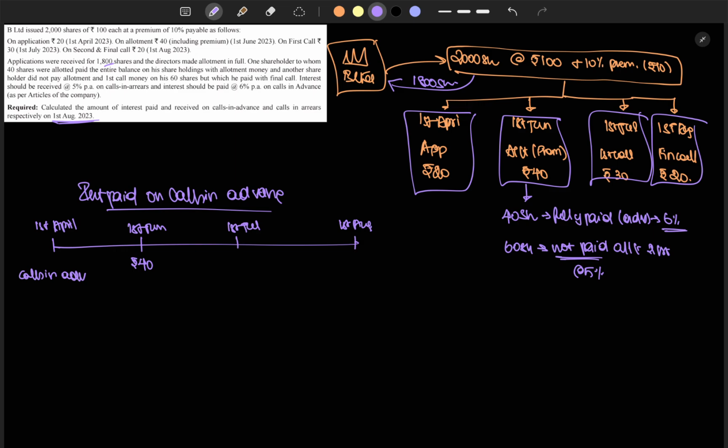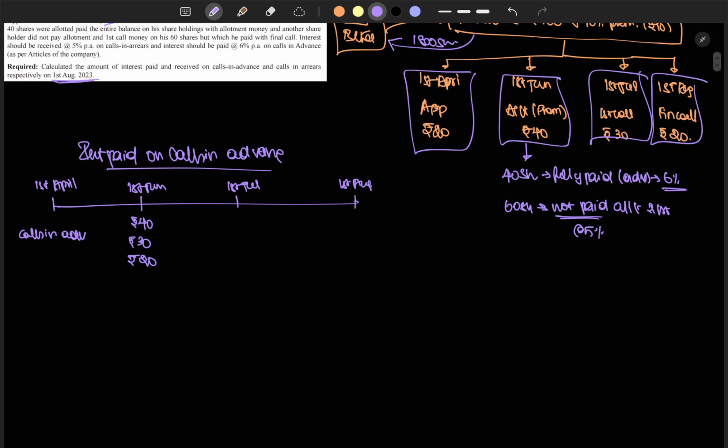So the company has to pay interest for that advance. What is the price for 1st July, which was paid in June itself? Rupees 30. What is the price for August, paid in June itself? 20. So the total amount paid by the investor in June itself is rupees 90.